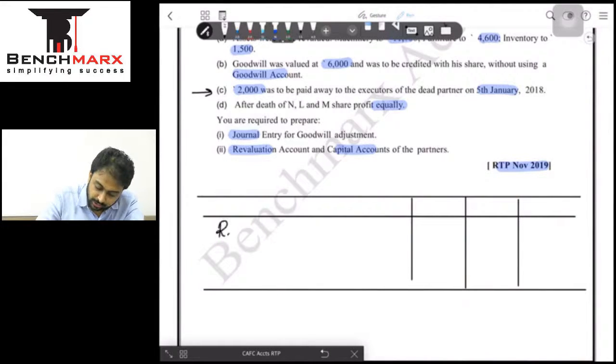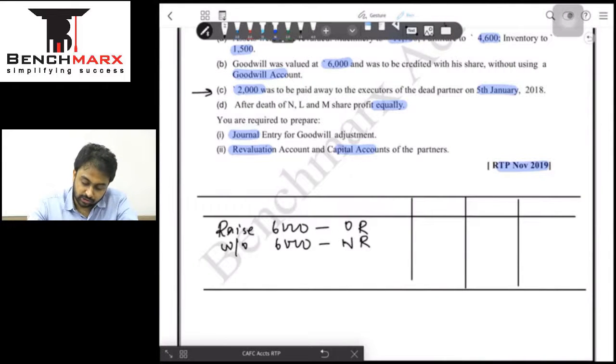So we are going to raise the full value of goodwill, appears to be 6,000 in the old ratio, and then write off the full value of goodwill being 6,000 in the new ratio. 6,000 equally in L, M and N.